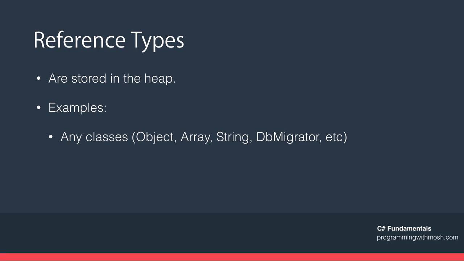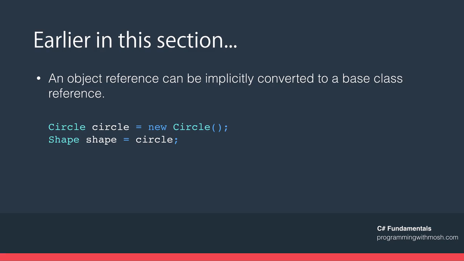Now, why does it matter? Well, earlier in this section, we learned that an object reference can be implicitly converted to a base class reference. And here's the example I showed you. So here we create an instance of a circle class, and then we can simply assign it to a shape reference. So this object reference can be implicitly converted to its base class reference.